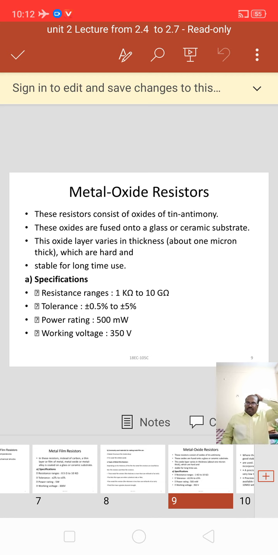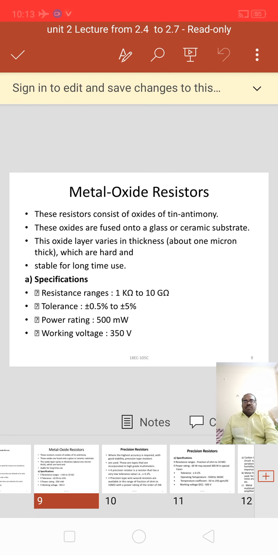Specifications of metal oxide resistors: resistance ranges from 1 kilo ohm to 10 giga ohm. Tolerance value ranges from plus or minus 0.5% to plus or minus 5%. Power rating 500 milliwatts. Working voltage 350 volts. These are the specifications of metal oxide resistors.